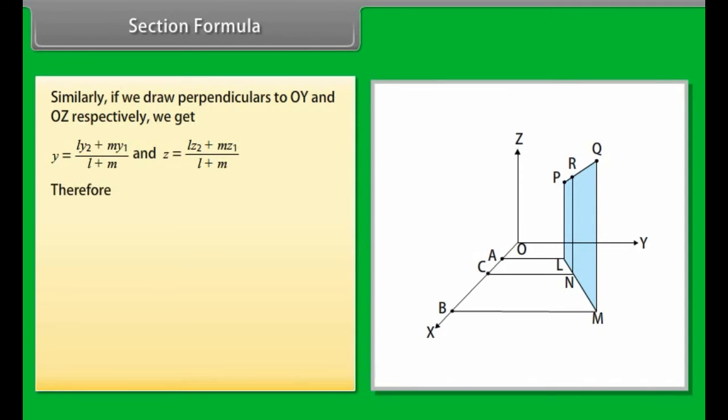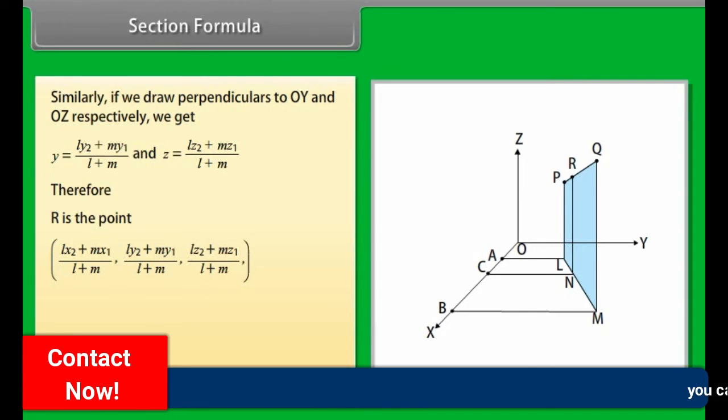Therefore, R is the point ((lx2 plus mx1) divided by (l plus m), (ly2 plus my1) divided by (l plus m), (lz2 plus mz1) divided by (l plus m)).